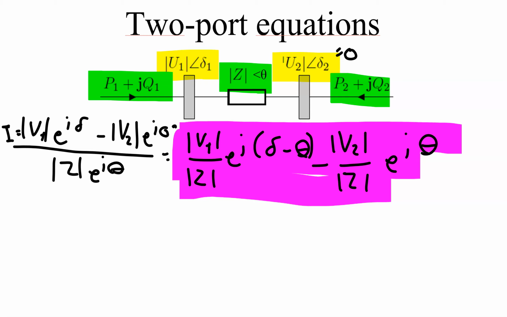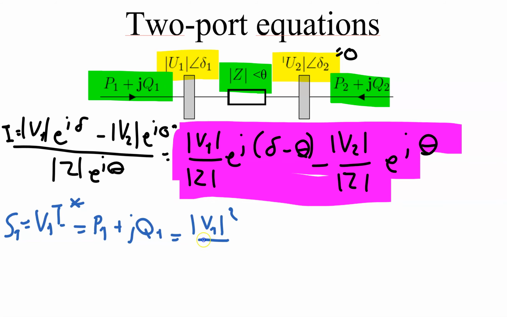However, now we can look more at the flow or load, and we know that S1 can be expressed as V1 times the complex conjugate of the current. So we have an expression for the current, and we can write it down here: P1 plus jQ1 equals V1 squared divided by Z at angle theta, minus V1 V2 divided by Z at angle theta plus delta.